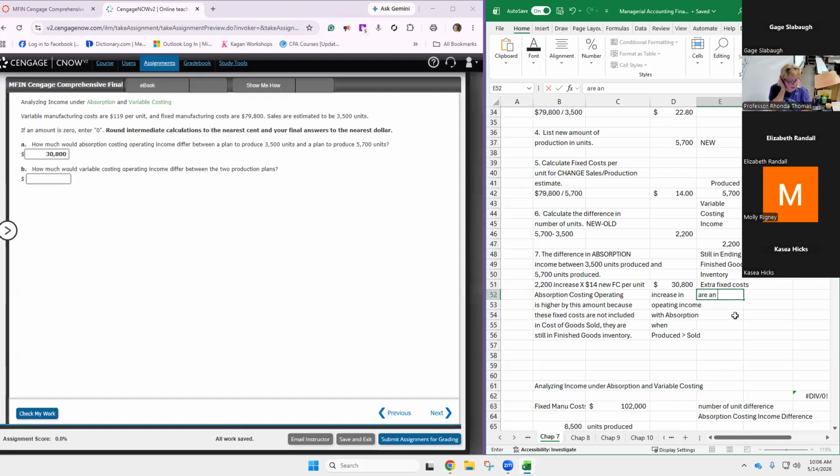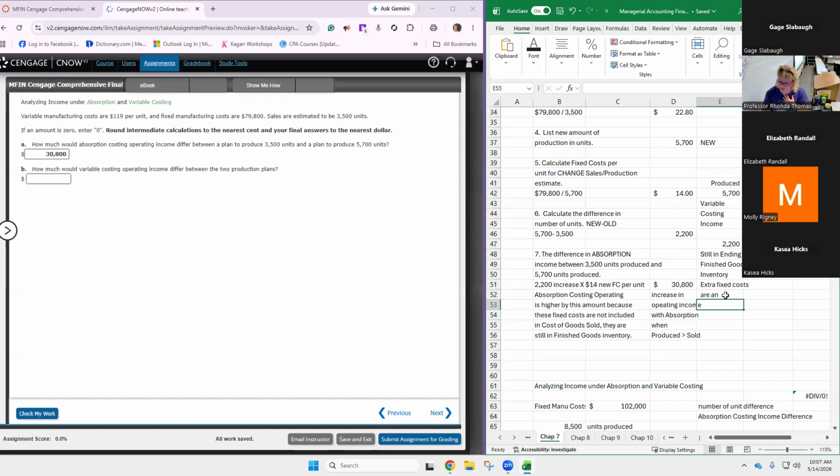So the fact that these costs aren't in cost of goods sold gives you more income. So 2,200 units are still in finished goods at a cost of $14 each for their fixed costs. And 14 times 2,200 is 30,800 that's still in finished goods ending inventory.